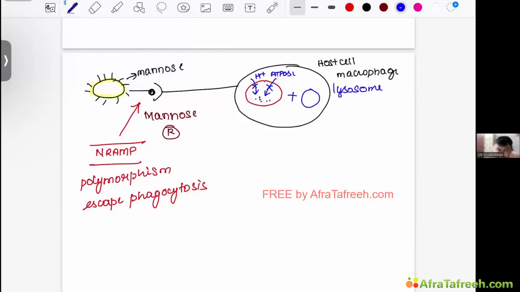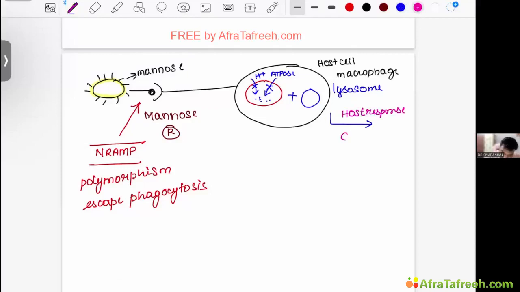This phagolysosome fusion will result in killing the bacteria, and this creates a host response which is mediated by cell-mediated immunity, called the Th1 response.